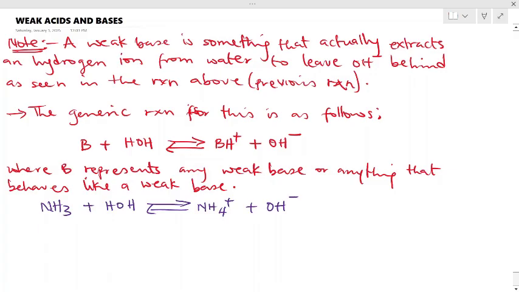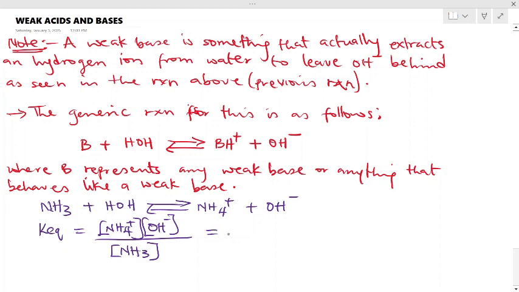So the equilibrium constant for this will be the concentration of ammonium ion and hydroxide ion divided by the concentration of ammonia.